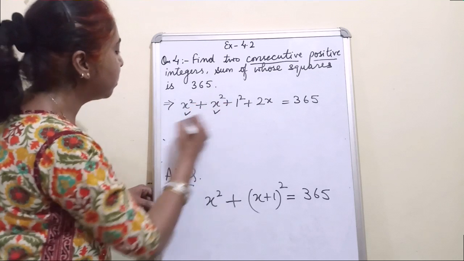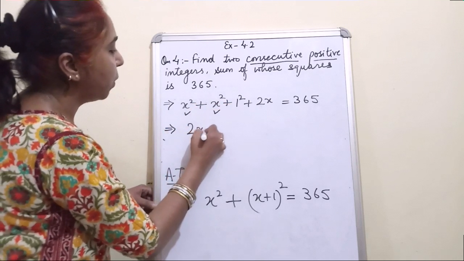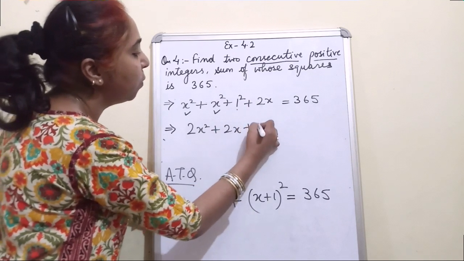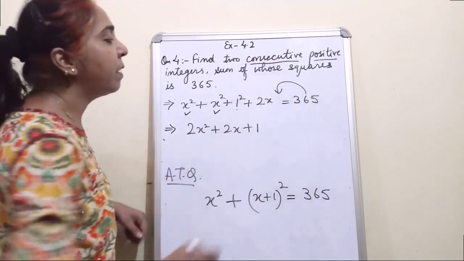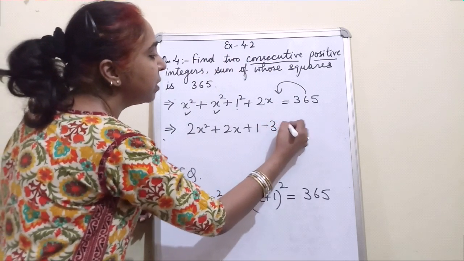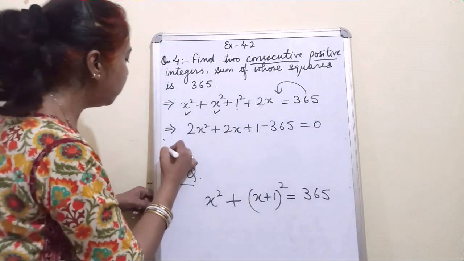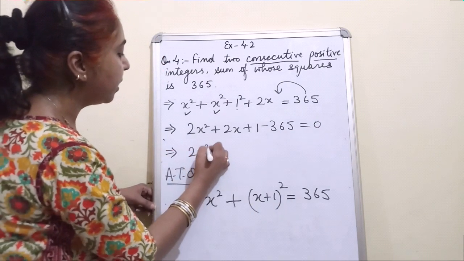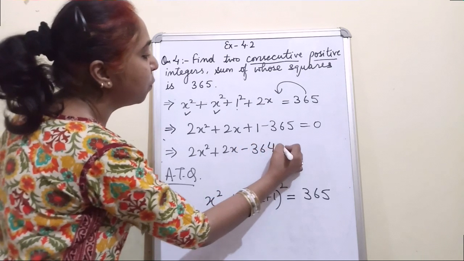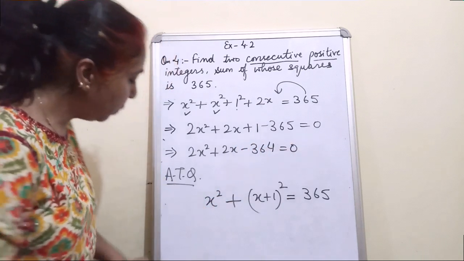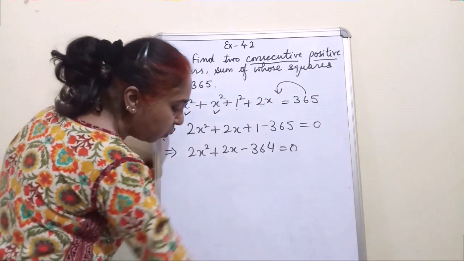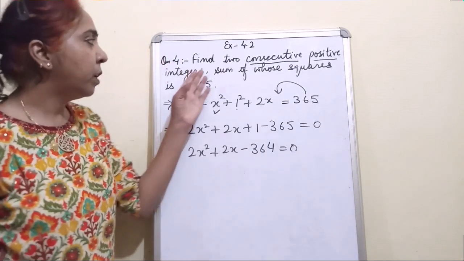Now x square plus x square is 2x square, plus 2x, plus 1, and when this 365 comes to the left hand side, it will be minus 365 equal to 0, and it is 2x square plus 2x minus 364 equal to 0. Now your equation is ready, and you will now have to solve it for the numbers.